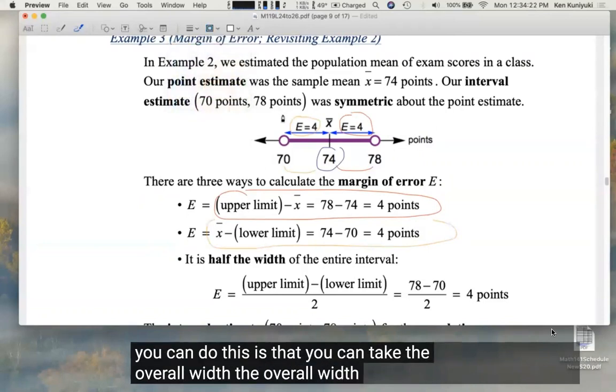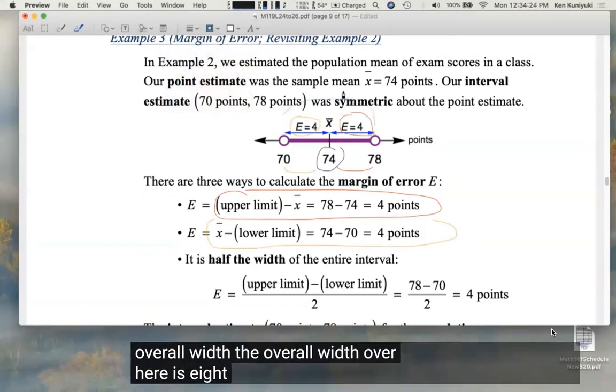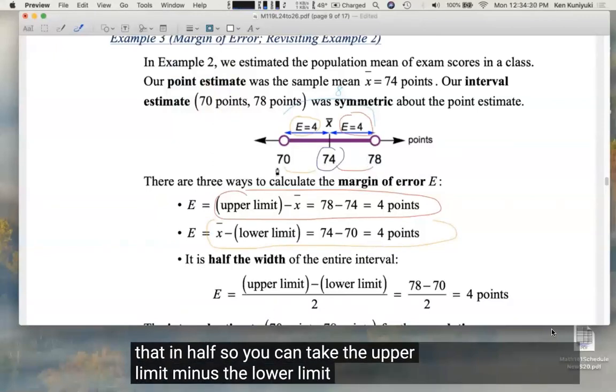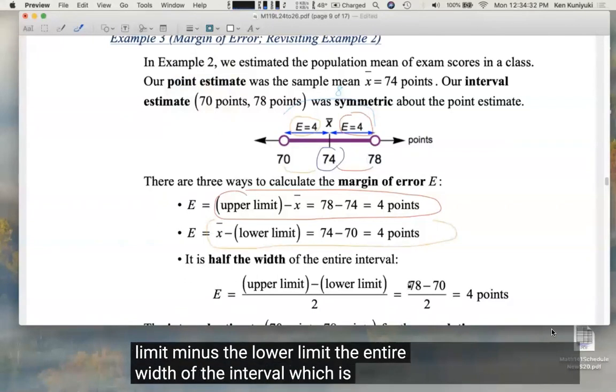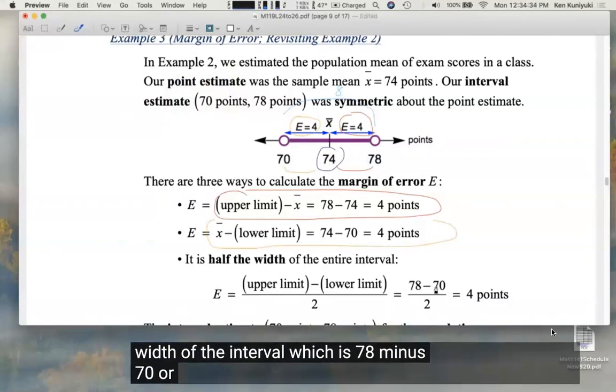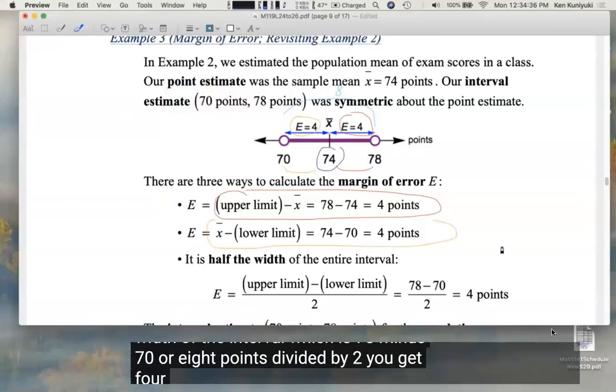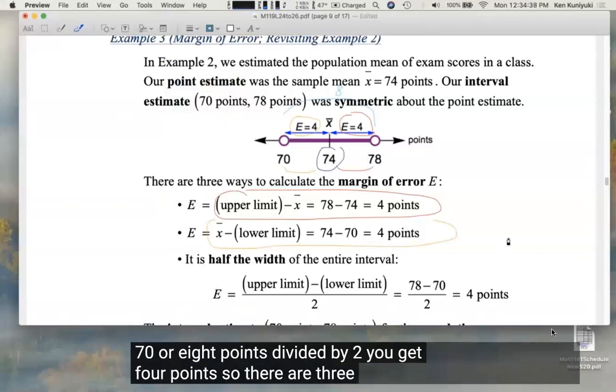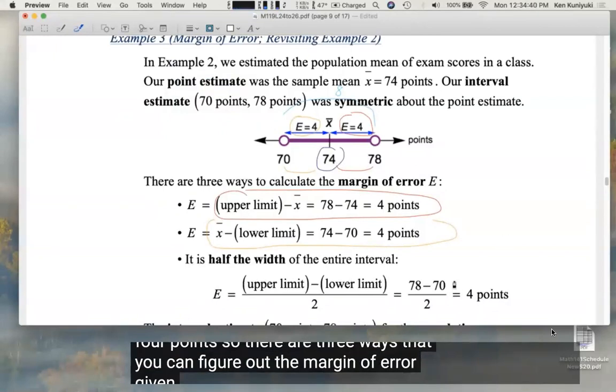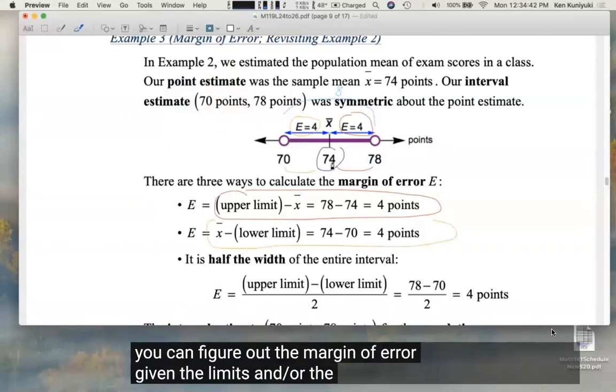The overall width over here is 8 points. And you can cut that in half. So you can take the upper limit minus the lower limit, the entire width of the interval, which is 78 minus 70, or 8 points, divide by 2, you get 4 points. So there are 3 ways that you can figure out the margin of error, given the limits and or the sample mean.